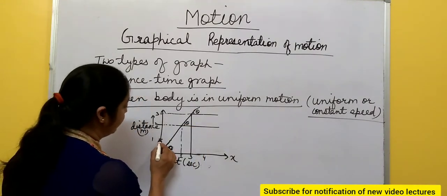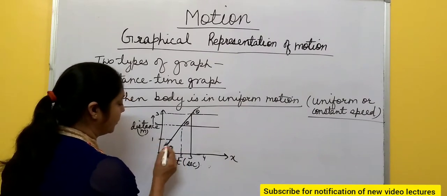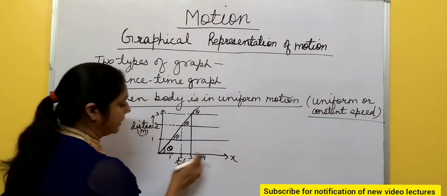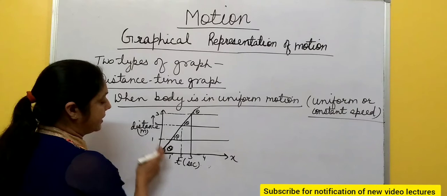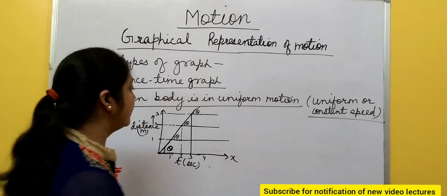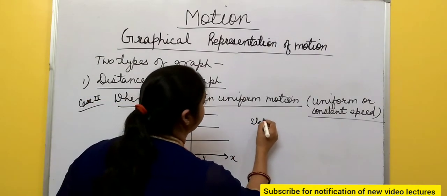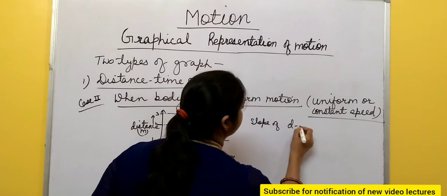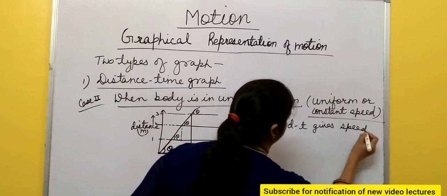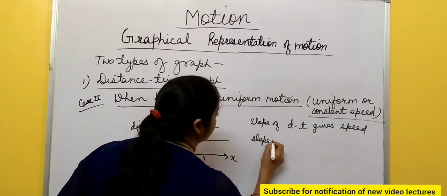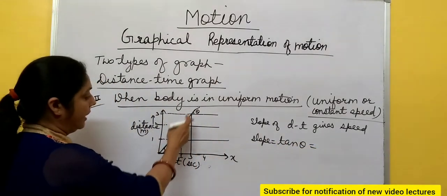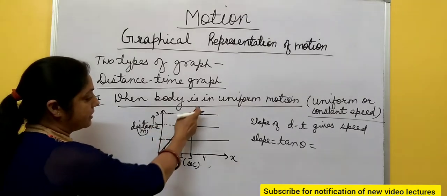Again at 1 second, distance covered is 1 meter, and it also makes an angle theta with the x-axis. So at different distances this angle is the same. Angle the same means slope is the same, right? And slope of the distance-time graph gives speed. Slope is tan theta, and theta is the same at all times.